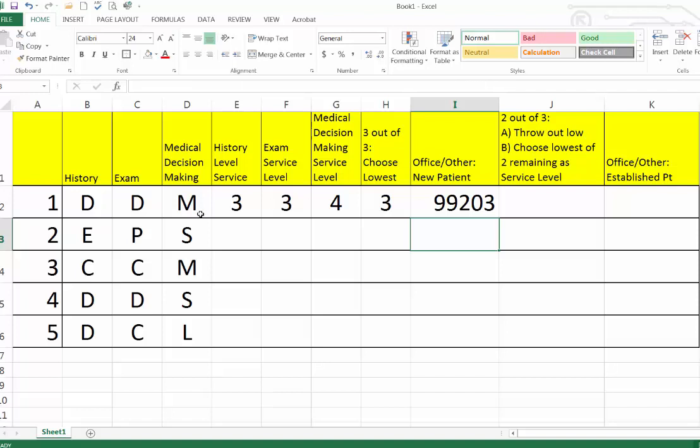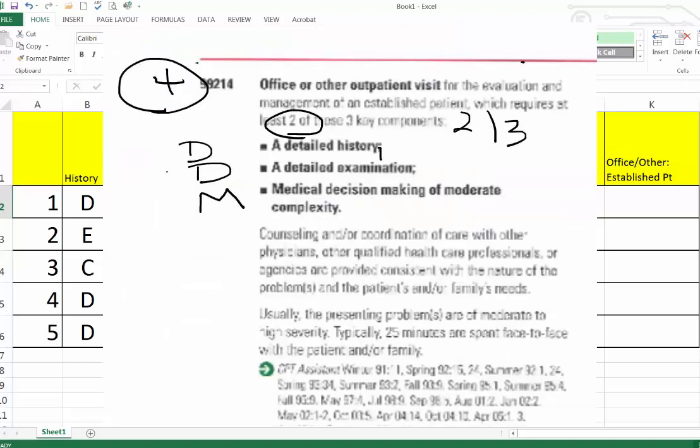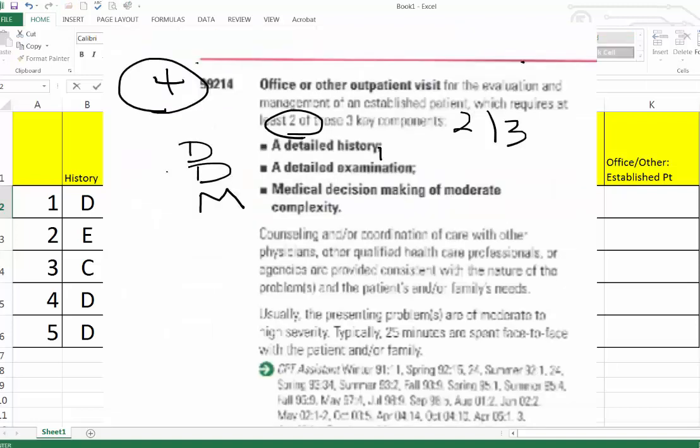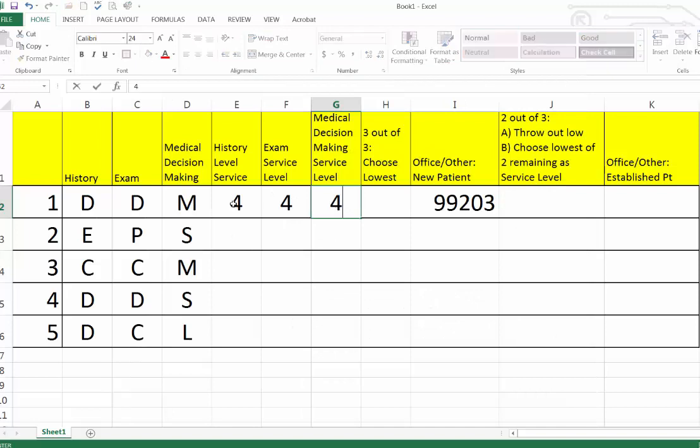Let's use that same DDM for established patient. So for established patient, detailed history is a service level 4. Detailed exam is a service level 4. Moderate decision making is a service level 4.